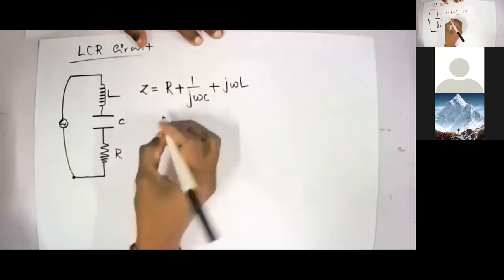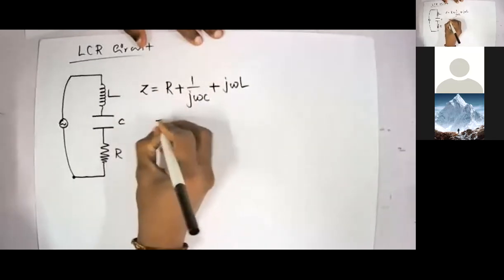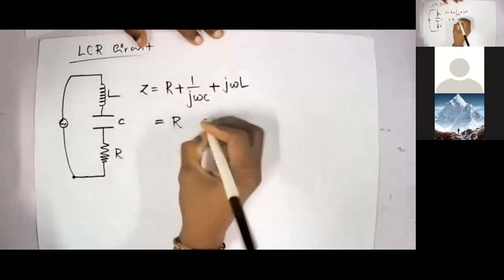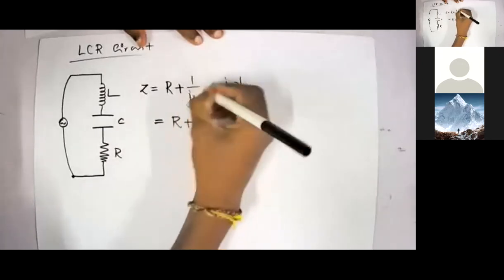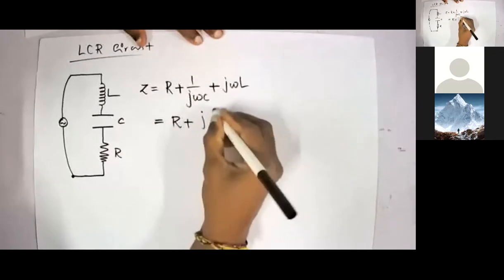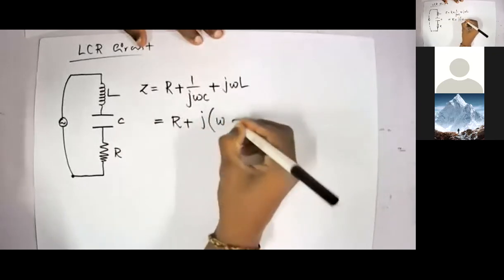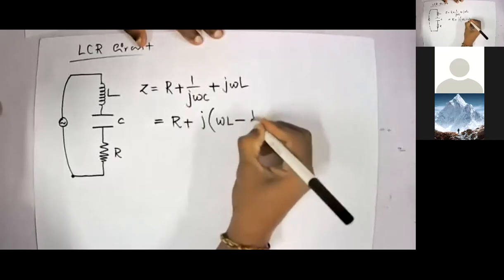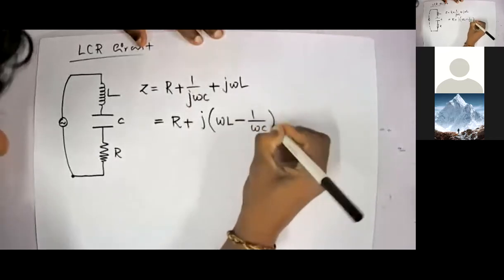I can write this as a complex number now, right? So I can write it as R plus, this will be minus j by omega C, and I can take j outside: j times omega L minus 1 over omega C. Am I right?